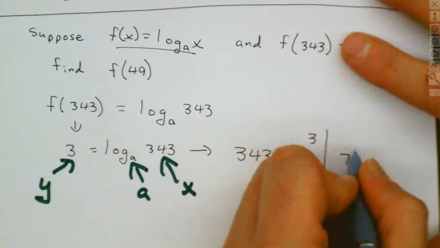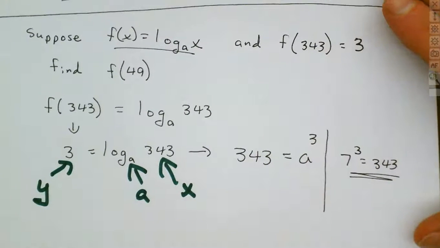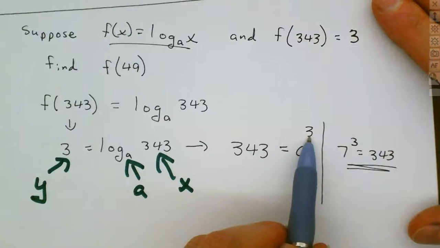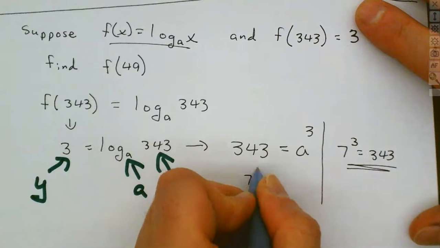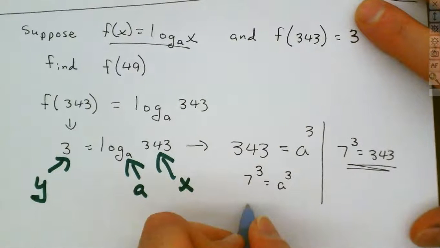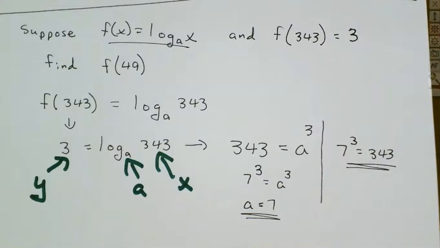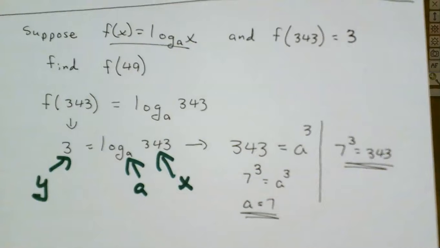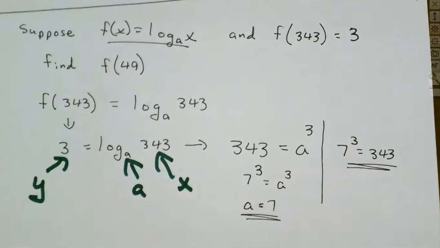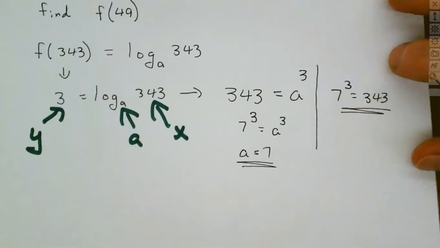And 7 cubed is 343, isn't it? Because we need that exponent of 3. So that would be 7 cubed equals a to the third. So that means now that a must equal 7. If the bases are the same, then the exponents must be the same. So you have to either get the exponents to be the same number or the bases to get the other one. So now what does our function look like?